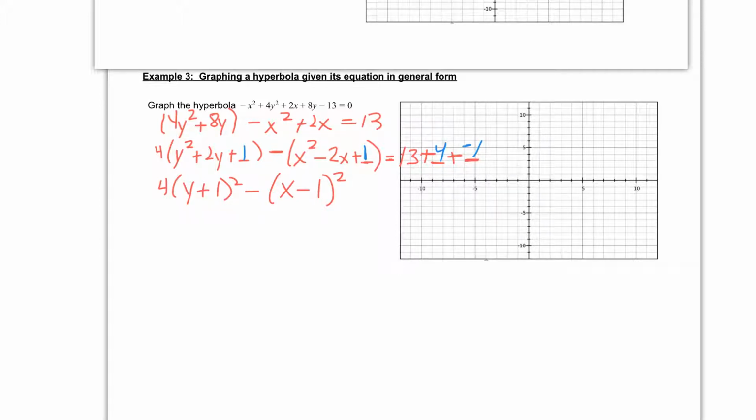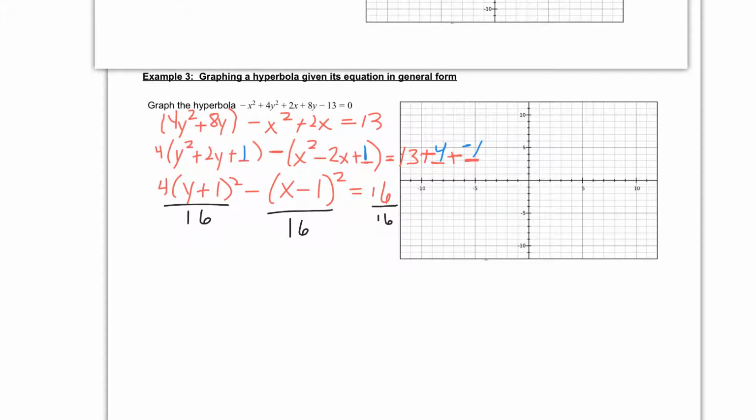And then if I add up what's over on that right-hand side, I get 13 plus 4 minus 1, which will give me 16. Then I have to divide everything by 16 to get my right-hand side to be 1. And I simplify.